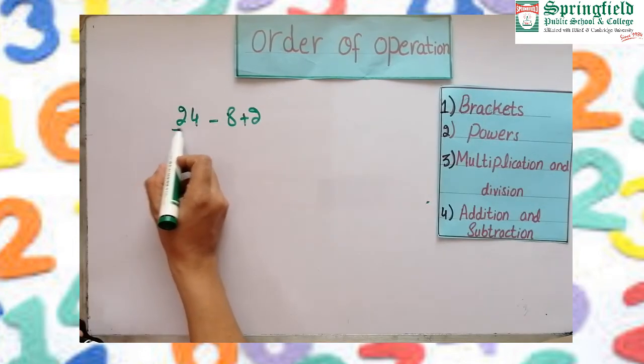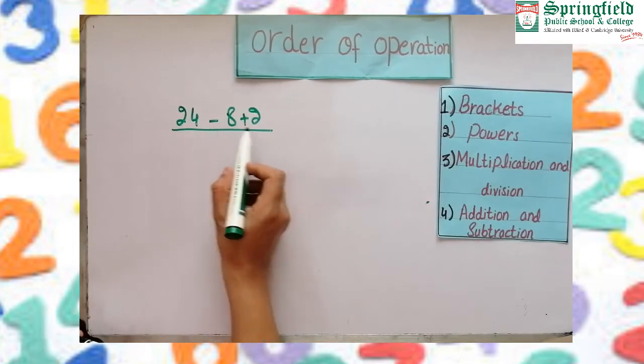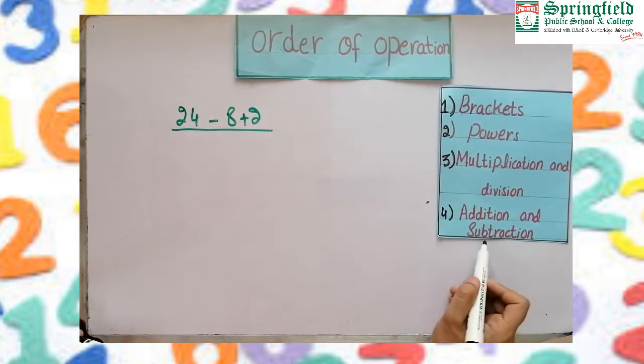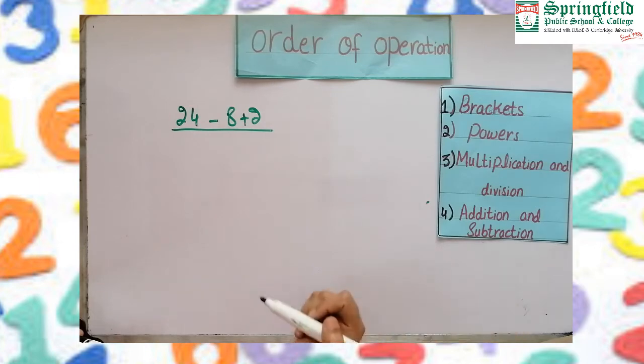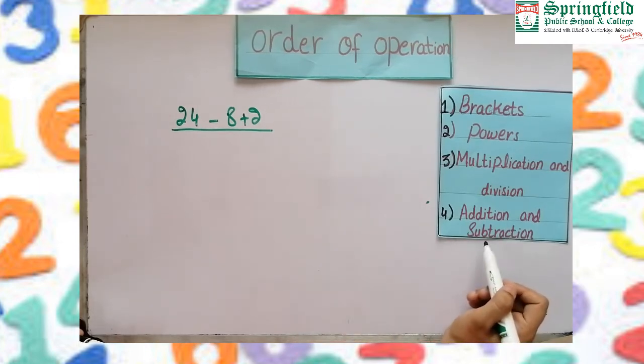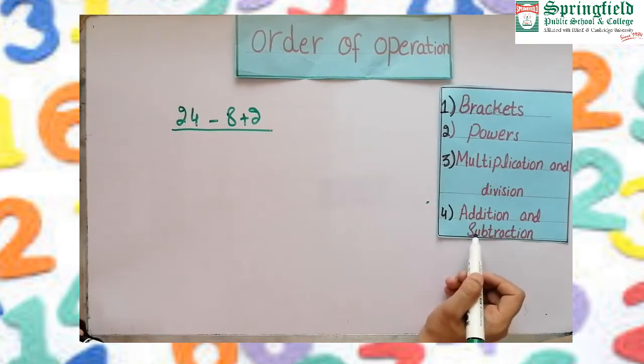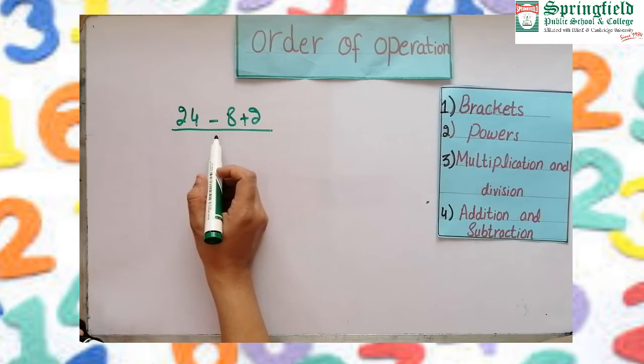So when an expression has addition and subtraction signs, as we know, addition and subtraction is the fourth step.